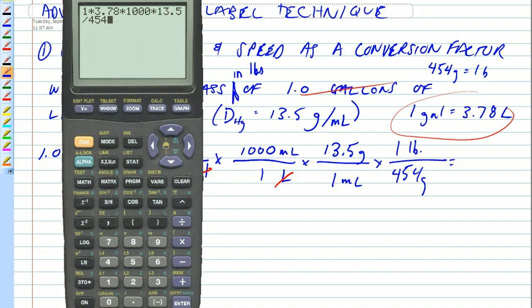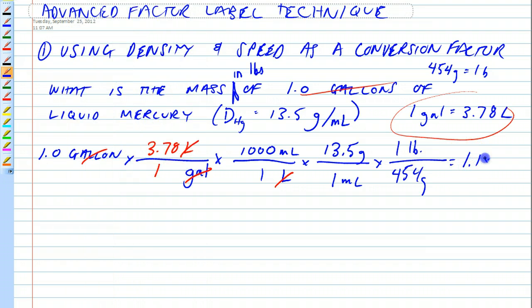What's that? Why are we multiplying by 116? That says 1 pound. Oh, sorry. Okay. Yeah. Sorry. 112 pounds. I only have 2 sig figs though, so I'm going to write 1.1 times 10 squared pounds. So a gallon jug of liquid mercury is 112 pounds.